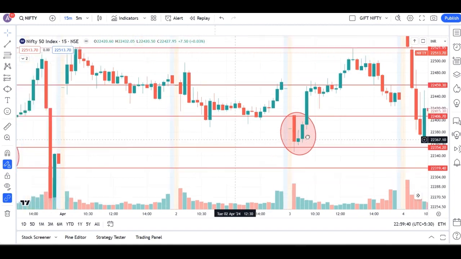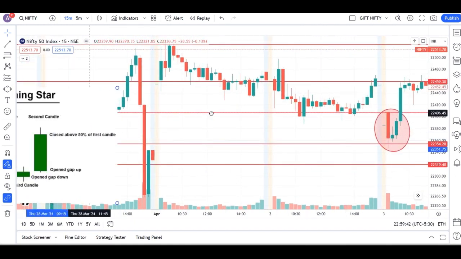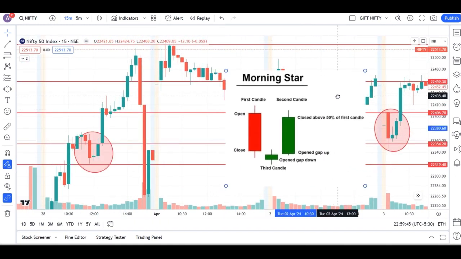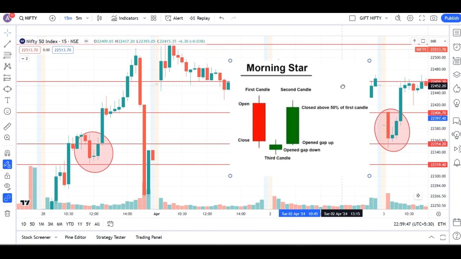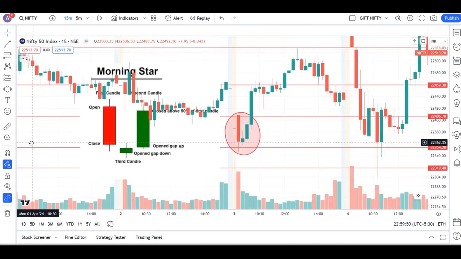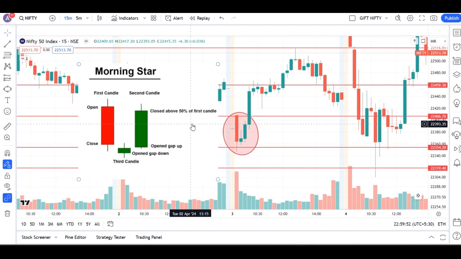Let's come back to the same pattern just as a reminder, so you should keep this pattern in your mind. I'm dragging it so that you can check. See the same pattern formed here: a red candle, then a green, and then a bigger green above 50% of the first candle.